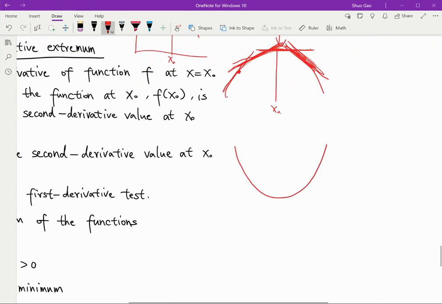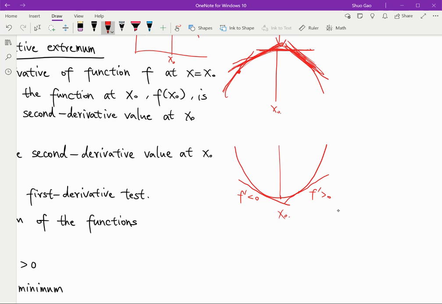For example, again, this is x0. The left part of this curve of x0 is downward sloping, so f prime is a negative number. And for all the points to the right of x0, it becomes positive again. The slope becomes a positive number.